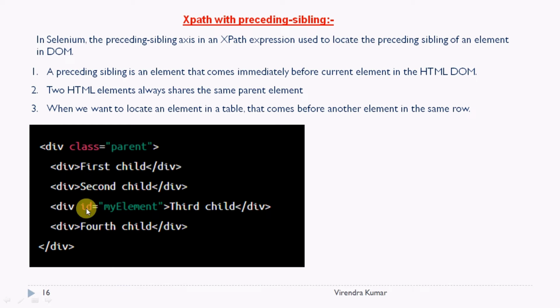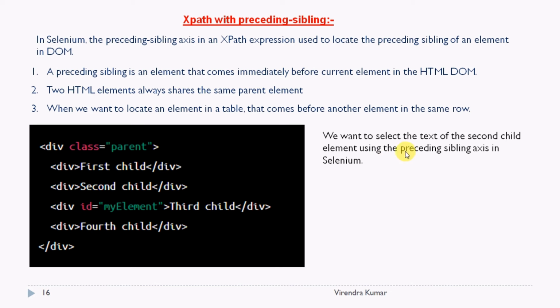But I want to locate the immediate one, which is called the single preceding sibling element in the DOM. All the elements coming before the current element we call preceding siblings, and there will be multiple matches when writing with preceding siblings. To find the unique preceding sibling, we will see the method through the example.